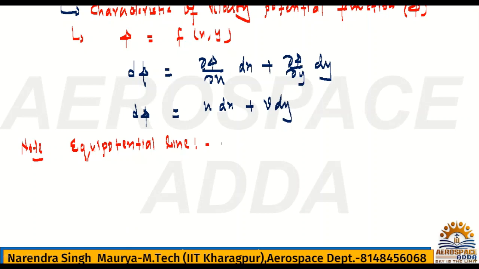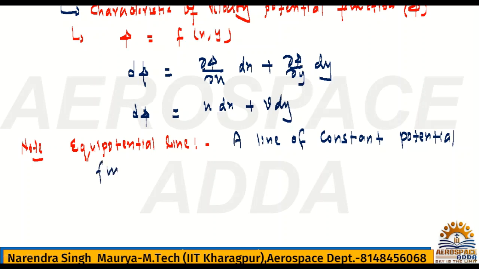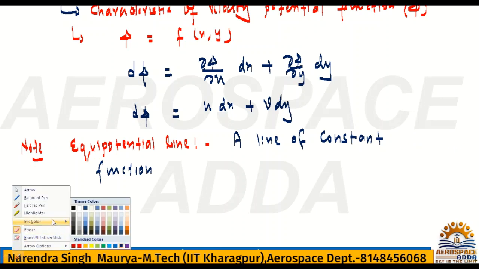It is defined as a line of constant potential function, or a line of constant velocity potential function. Let me complete this full sentence.